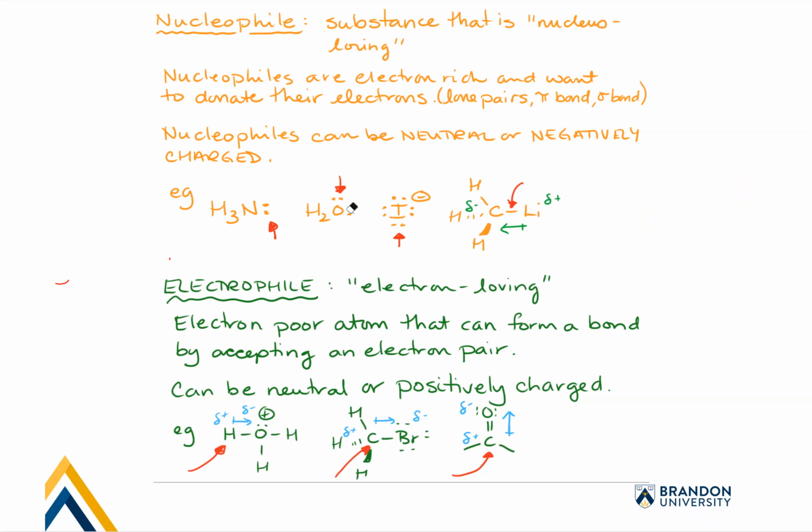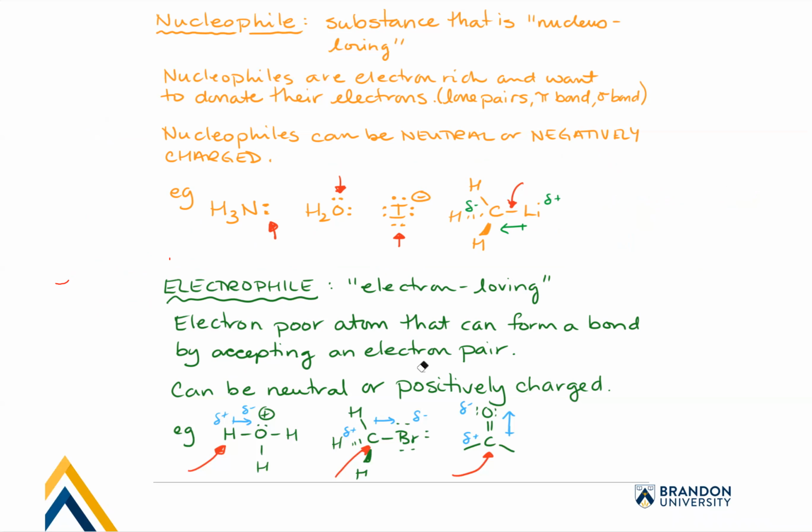So if nucleophiles can be neutral or negatively charged, the electrophiles are going to be neutral or positively charged. And electrophiles, I guess the definition is electron loving. It's a species that's electron poor, and it can form a bond by accepting an electron pair.